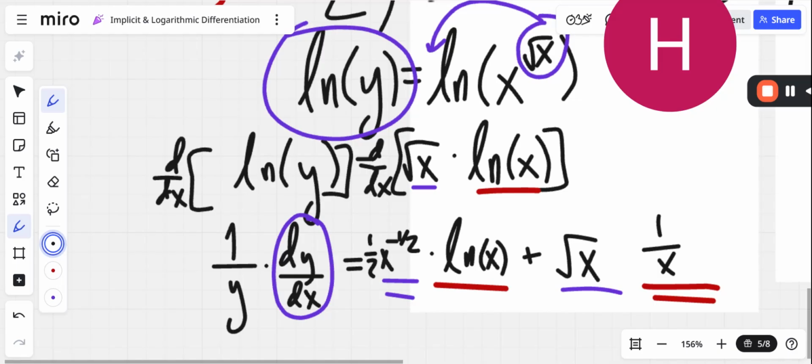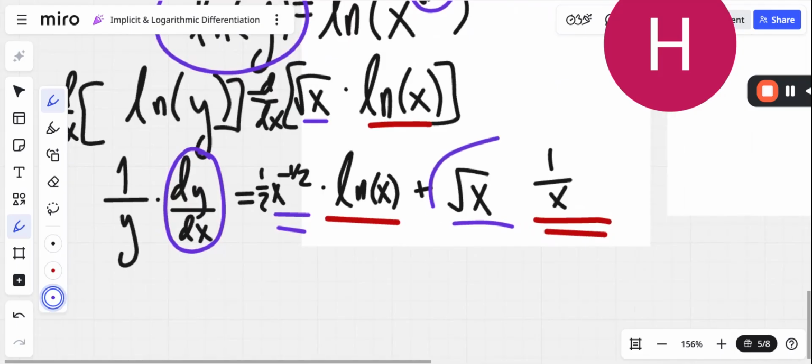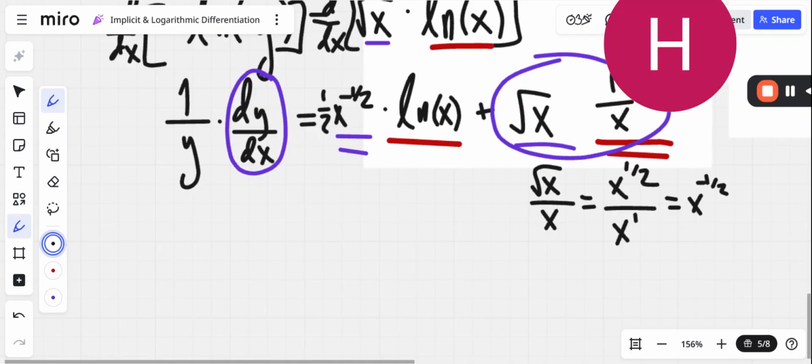Okay, to clean this up a little bit, I do want to point out that this can be simplified. This is essentially the square root of x over x, which is x to the 1/2 over x to the 1, which is x to the negative 1/2, since the denominator has a higher power. So really, I could also factor this out. I think I will.